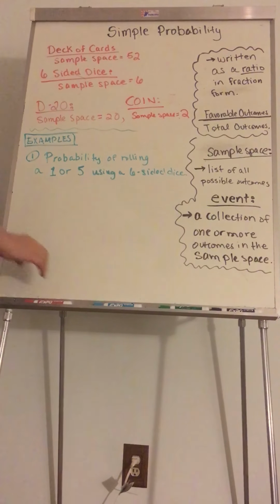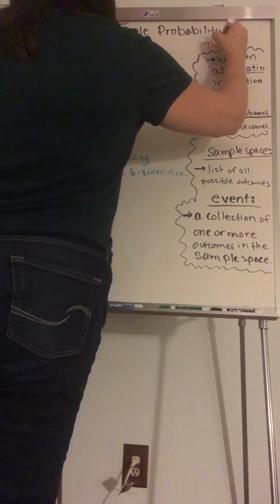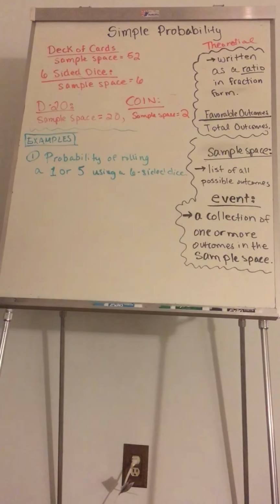Actually, I'm going to write that down, just to make that clear. Theoretical. Okay? All right. So, probability is written as a ratio in fraction form. If you remember from last semester when we did ratios, we wrote them in a few different ways.